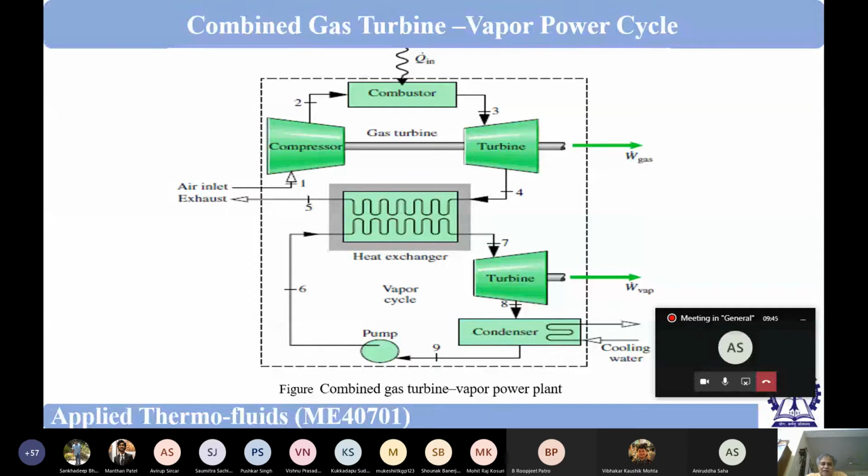So all these things are complementary to each other. So when we have combined both power plants, we have got good points from both sides. So that is one advantage.